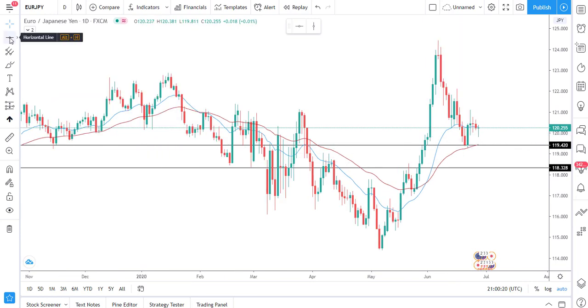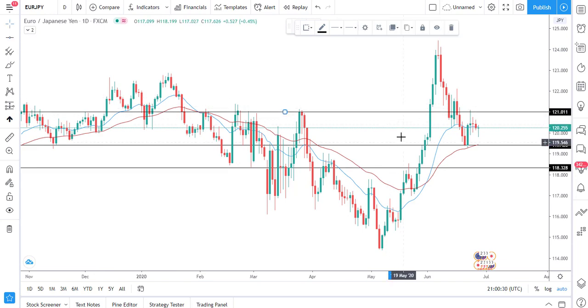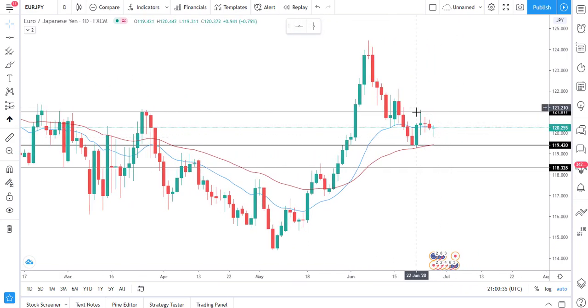However, I saw while drawing this trade, and what made me not want to enter this trade, or what made me see an immediate resistance level, was this place. So as we can see here, the market has actually reacted to this level already.